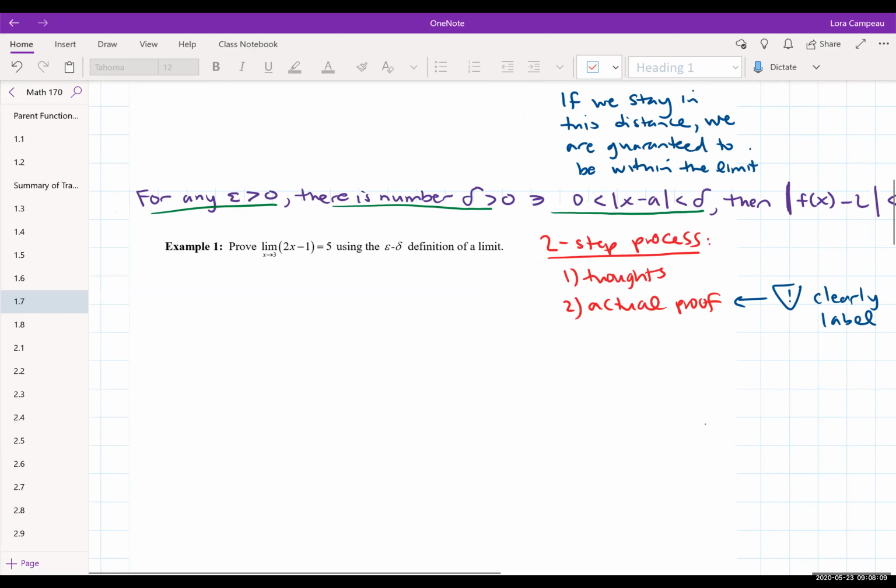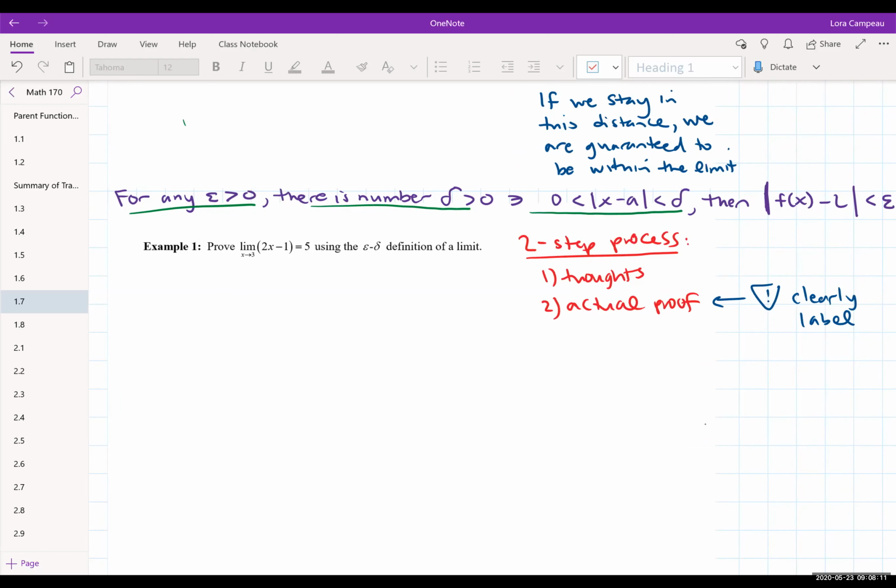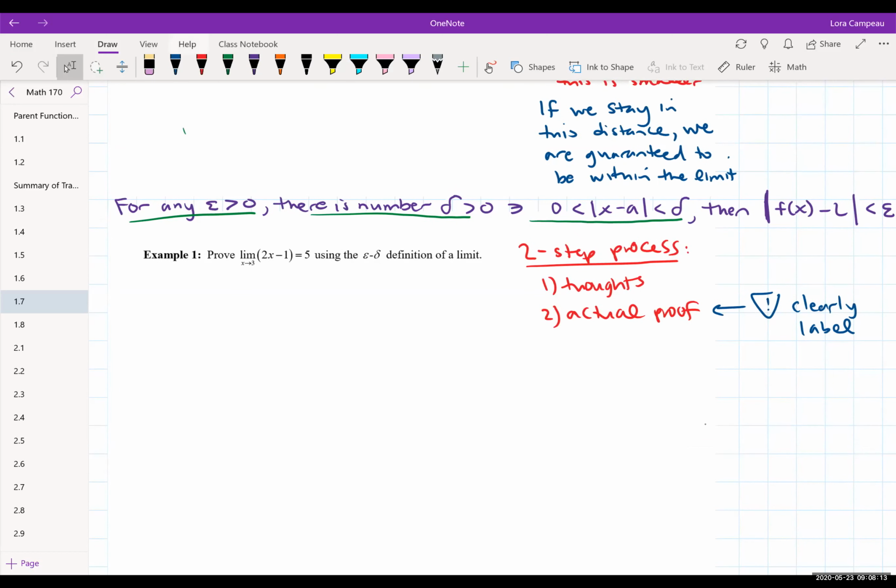So I'll rewrite this one more time just to make sure. The more we rewrite it, the more we have it in our minds. So the thoughts. So I'm clearly labeling my scratch work.